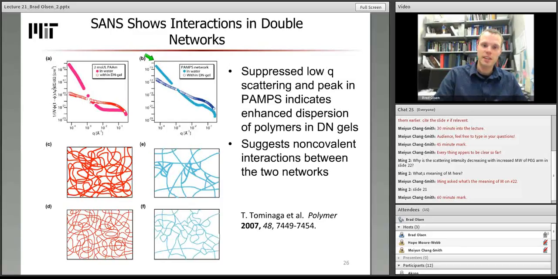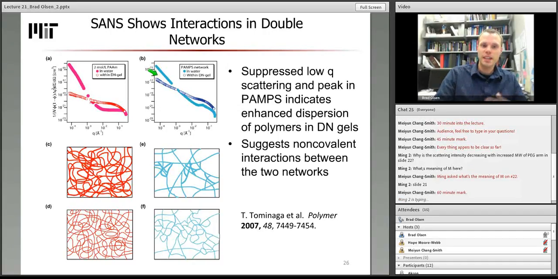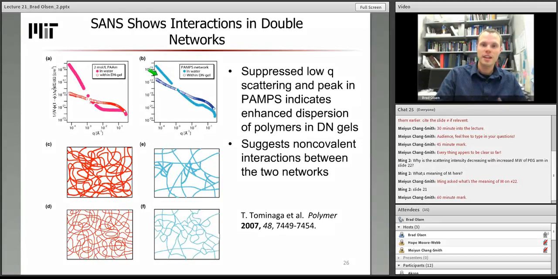This is, again, the effect captured potentially by the squared Lorentzian term in the gel scattering. When the gels are incorporated into double networks, though, you see a significantly reduced low Q scattering, which indicates enhanced dispersion of the two polymers within the materials, so a decrease in the inhomogeneity of the structure.